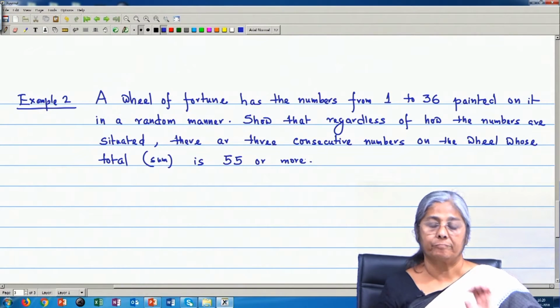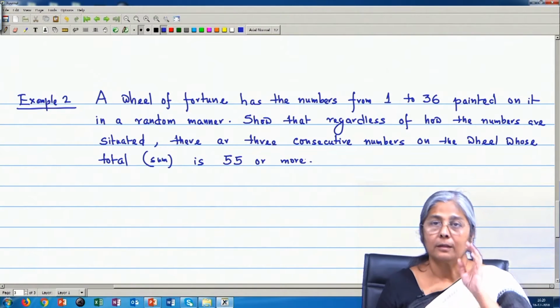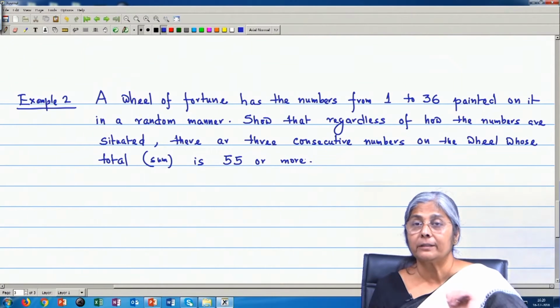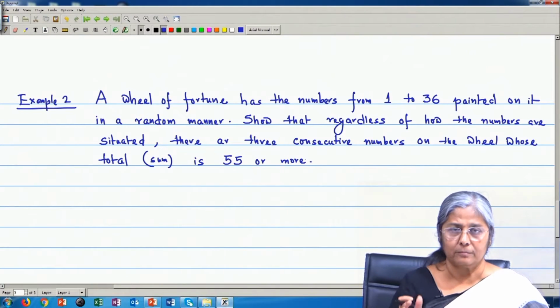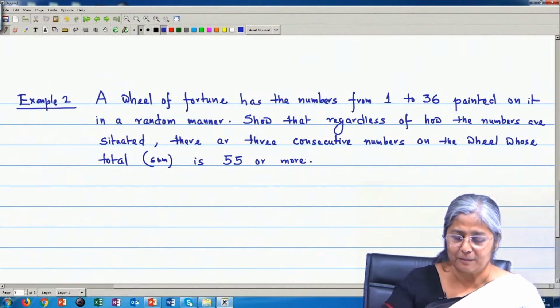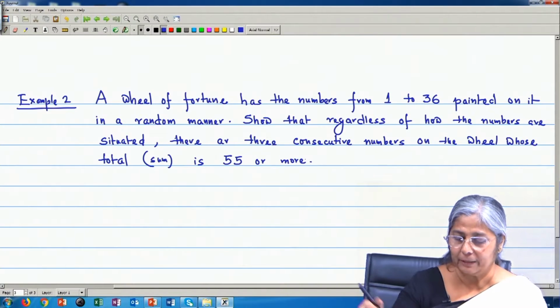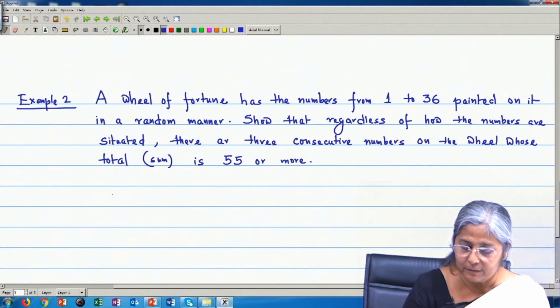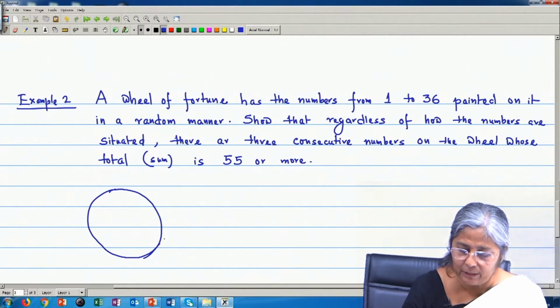So, this is one type of game. I think we have all seen it at some fair somewhere. It is a circular wheel and we have only one pointer.